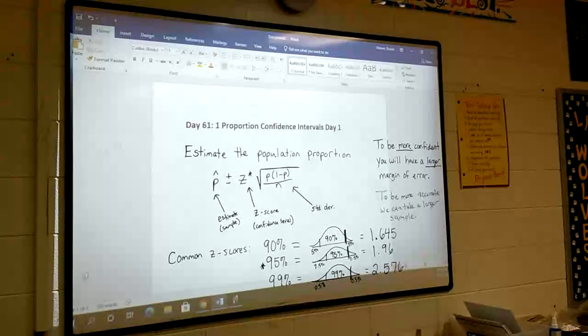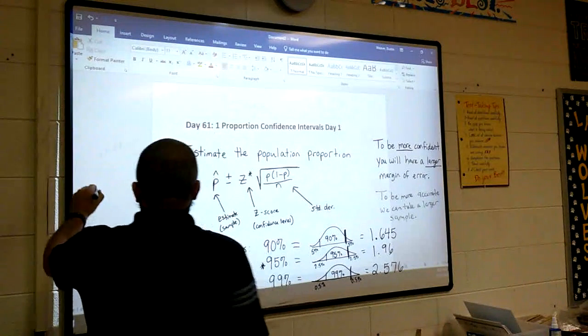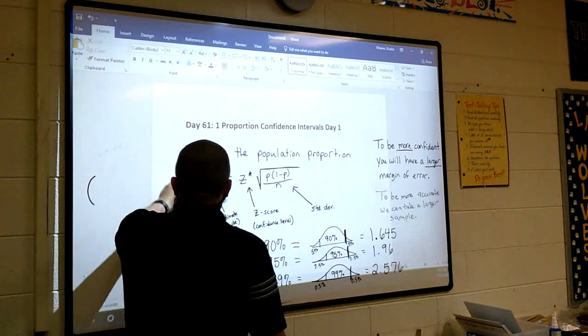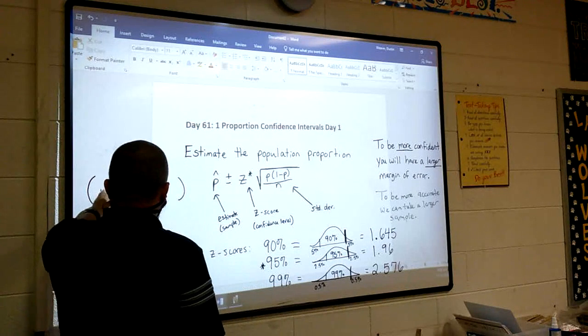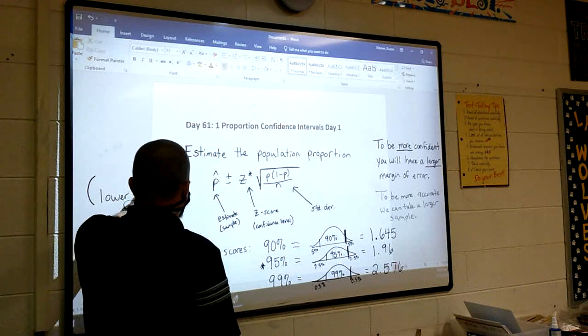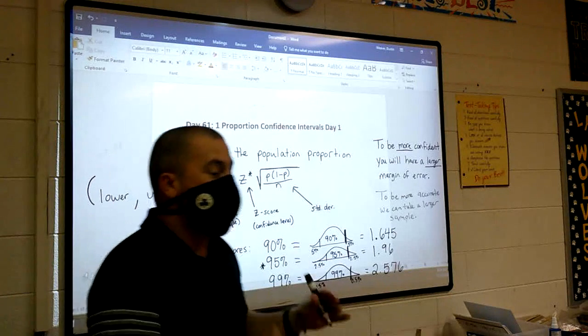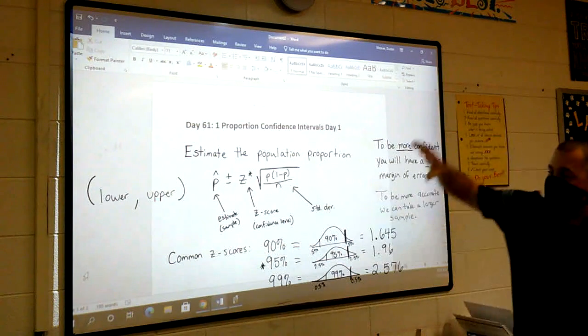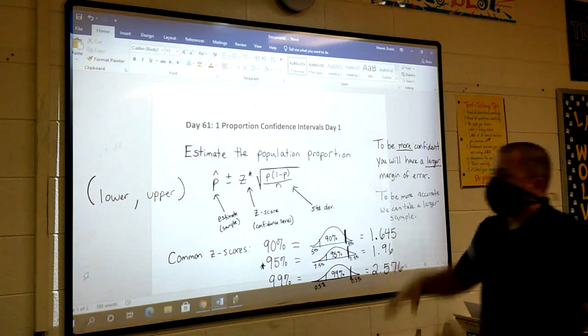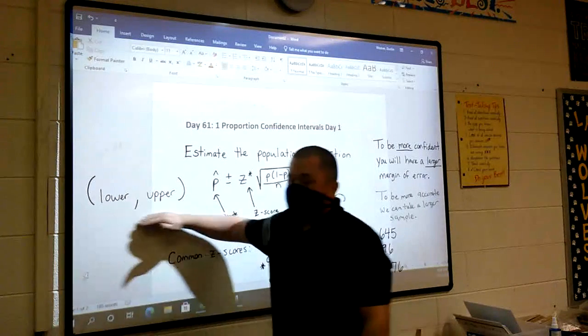Now, one last thing before we get into the problems, so you kind of know what you're dealing with. At the end of these, you are going to end up with an interval. It's going to be from the lower end to the upper end. Okay? That's going to be called your confidence interval. You're going to write it in parentheses. It's going to be the lowest that it can go to the highest it can go. And when we get that interval, we have to write a conclusion.